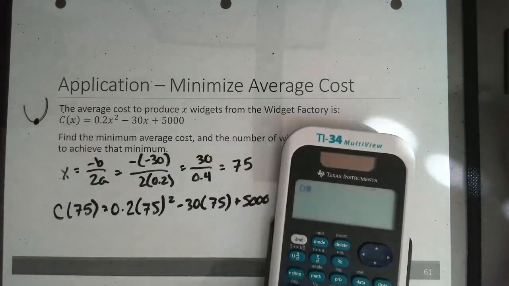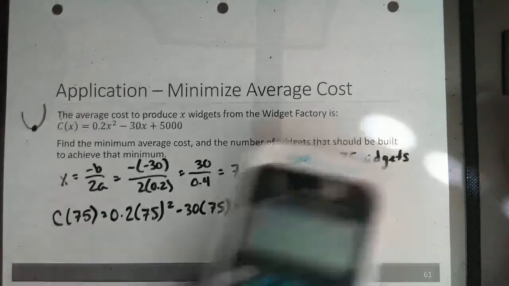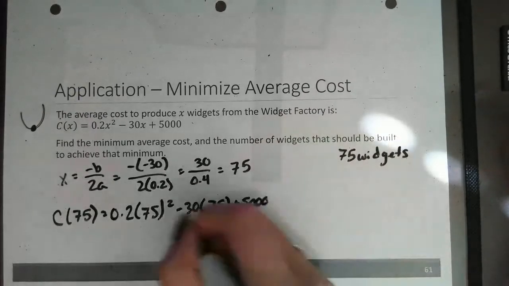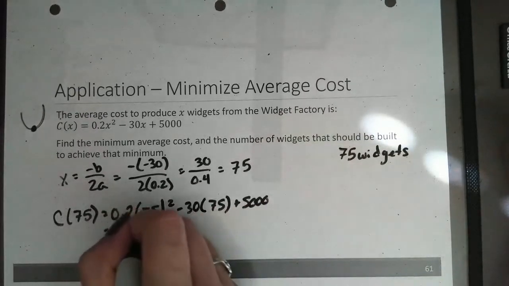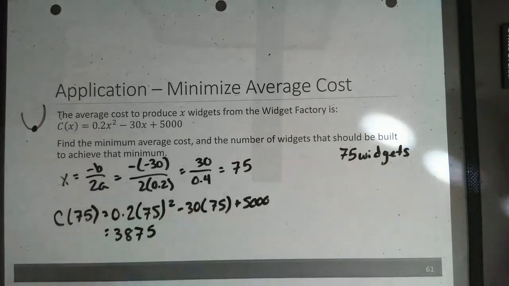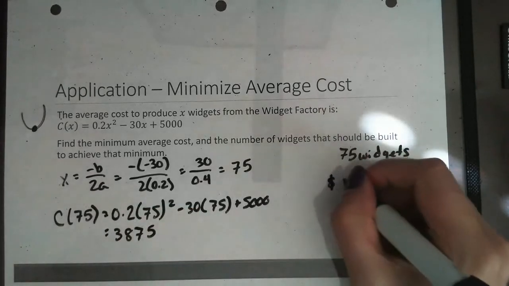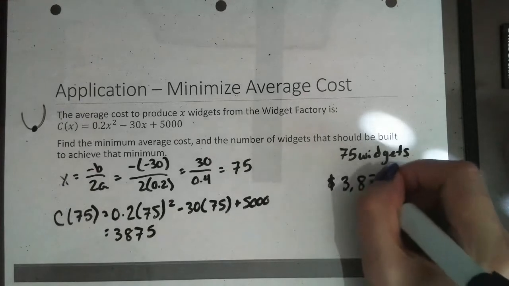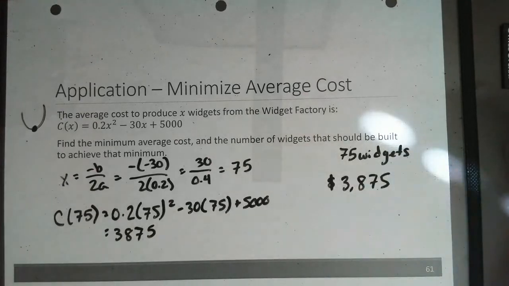Plugging that in, I'm getting 3,875. So our minimum average cost will be $3,875. That's all there is to that one.